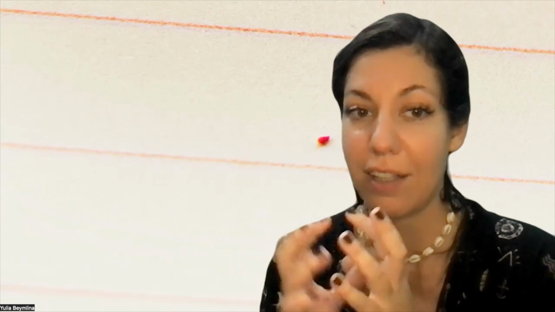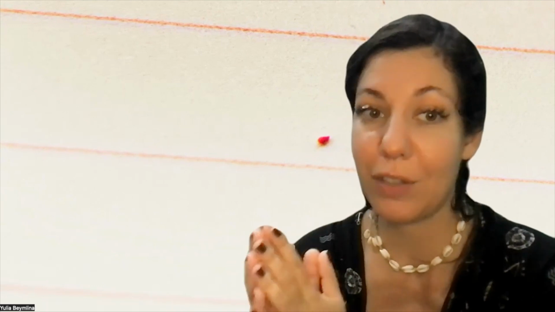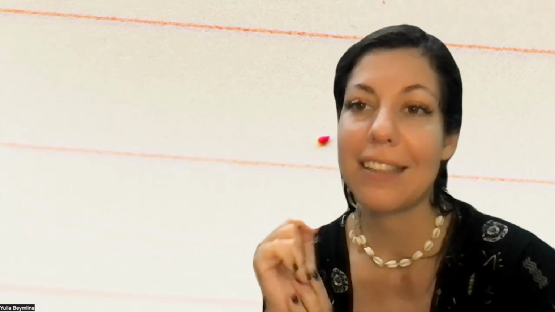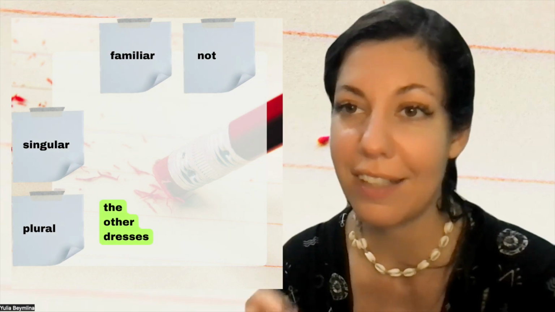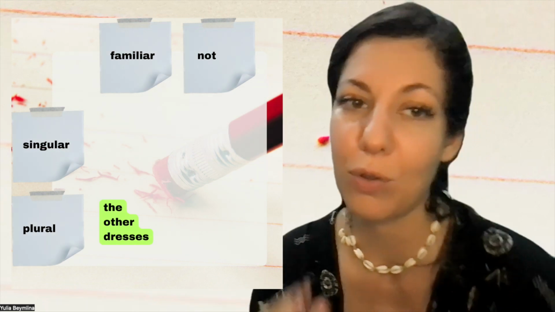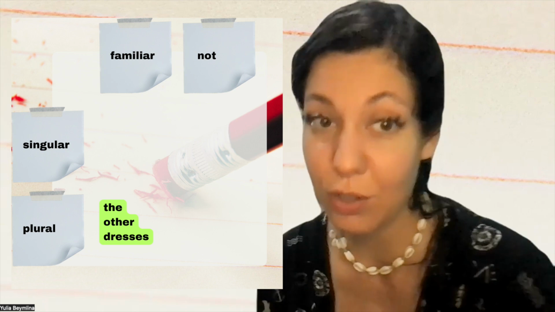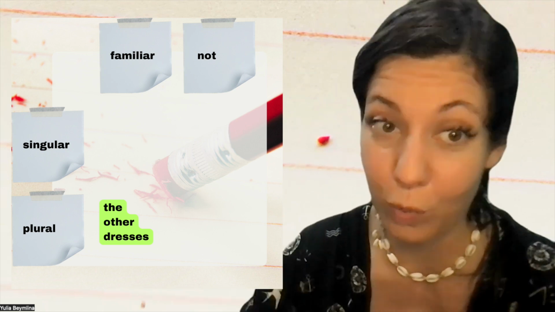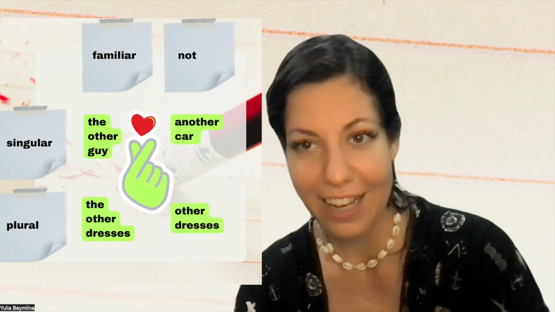And if you don't buy H&M dresses, maybe you buy Zara's. In this case, now it's still plural, but it's already familiar, right? We already know which specific dresses we're talking about. And now you need to use the other, right? If you don't buy H&M dresses, you buy the other dresses. You know which ones.